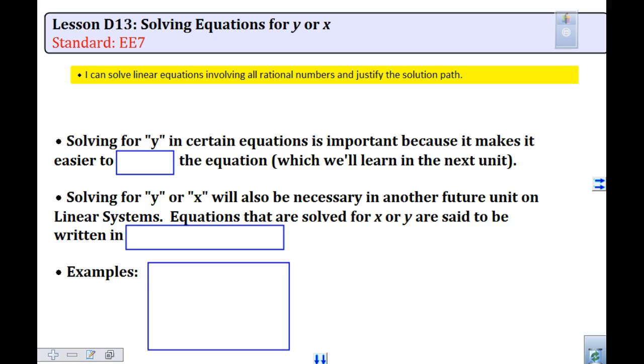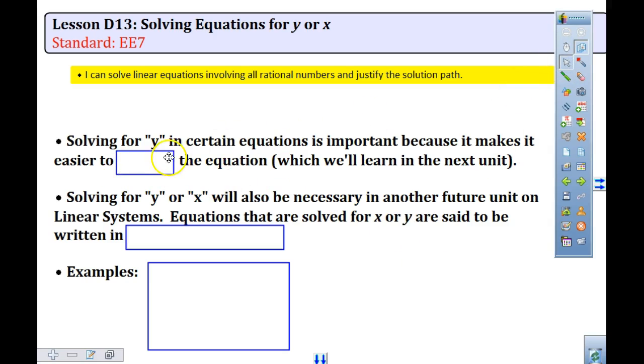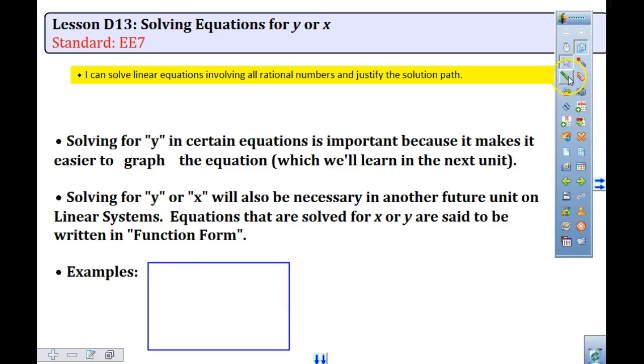As you are looking at this, it kind of leads us into something we're going to be doing in our next unit. It says we're solving for y in certain equations. It's important because it makes it easier to graph the equation, which is what we are going to be doing in our next unit.